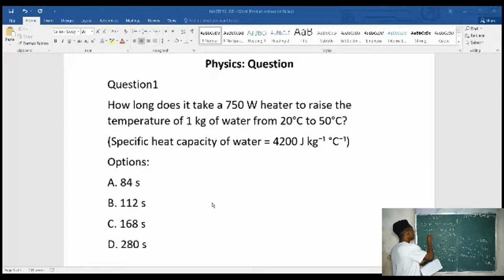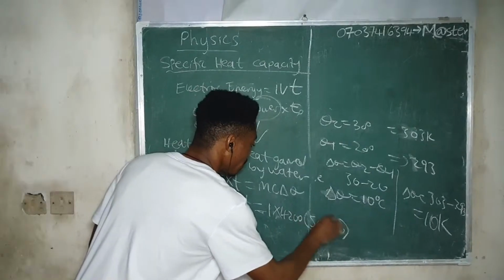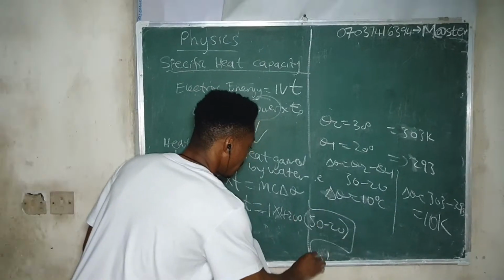Theta 2 is 50 degrees Celsius, it's not necessary to convert it. Theta 1 is 20 degrees Celsius. So delta theta is theta 2 minus theta 1, so that is 50 minus 20.